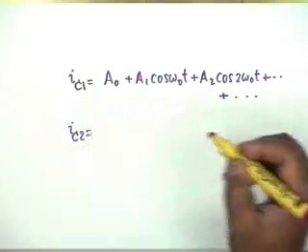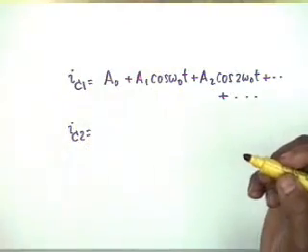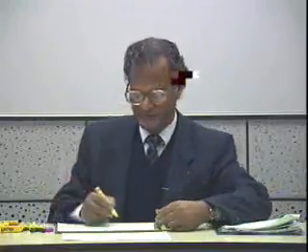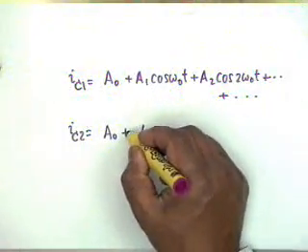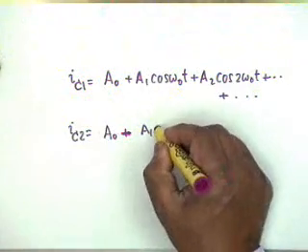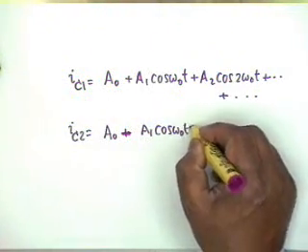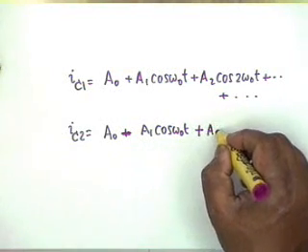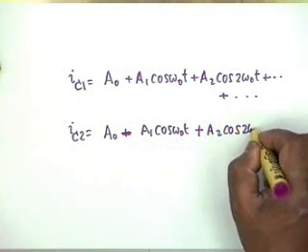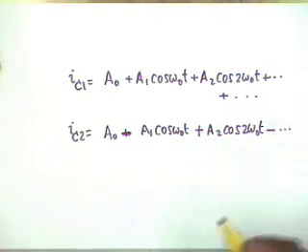Similarly, for IC2, the only difference between IC1 and IC2 is that they are 180 degrees phase shifted. In other words, it becomes A0 plus, this will be minus A1 cosine omega 0 t, then this would be plus A2 cosine 2 omega 0 t, and so on. The next would be minus, and so on.